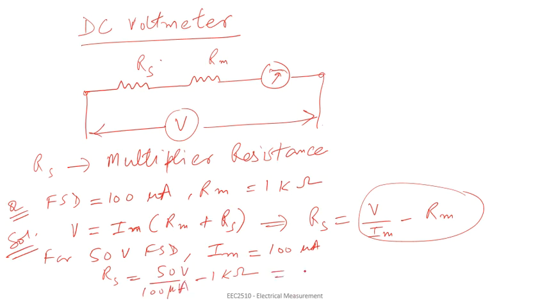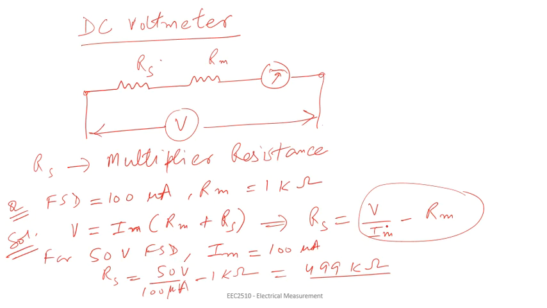It will come as 499 kilo ohm. So this is the multiplier resistance value if the voltmeter has to read 50 volt at full scale deflection. This is one part of the problem.